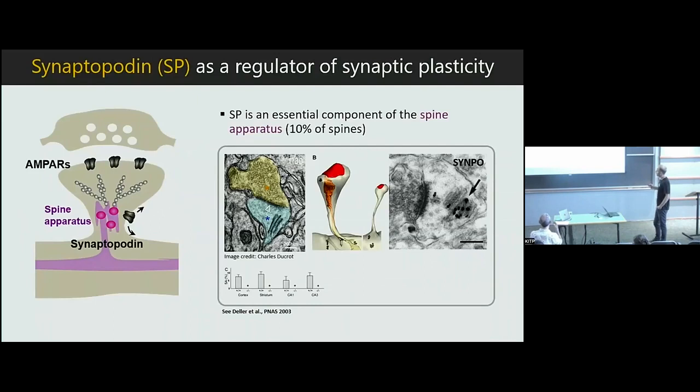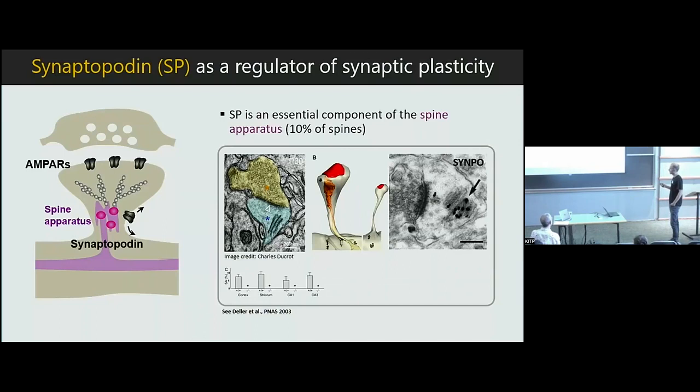So Synaptopodin is an essential component of an organelle called the spine apparatus, which emanates from the endoplasmic reticulum and forms a stack of cisternae from the endoplasmic reticulum. Importantly, the spine apparatus is expressed in only 10% of spines in telencephalic neurons.